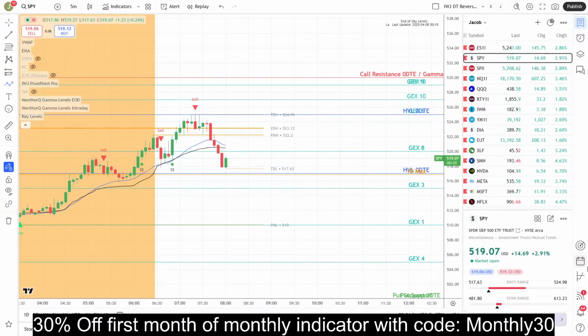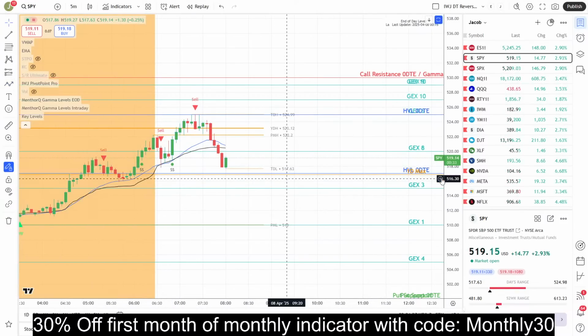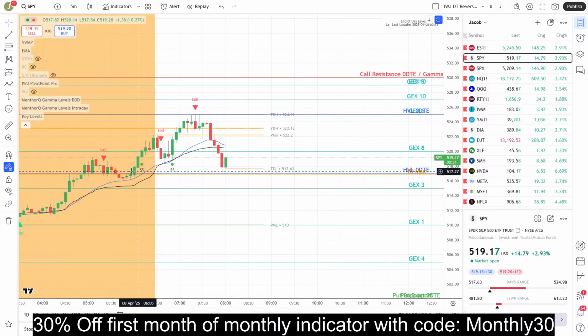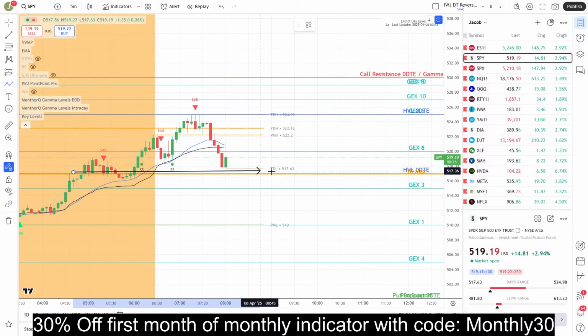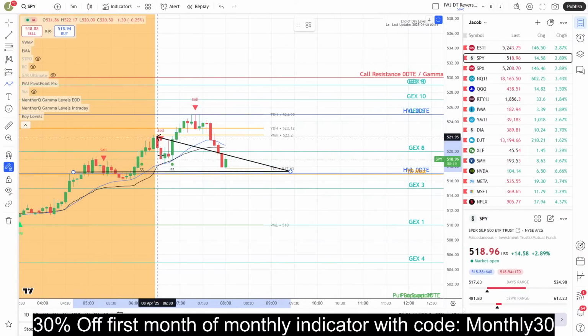So just from a chart perspective, this area right here, even if this HVL wasn't here, which is a high volume level for anybody who joined late, you can see that this is a very strong area of support. They pushed through it, back tested it, and broke away from it.